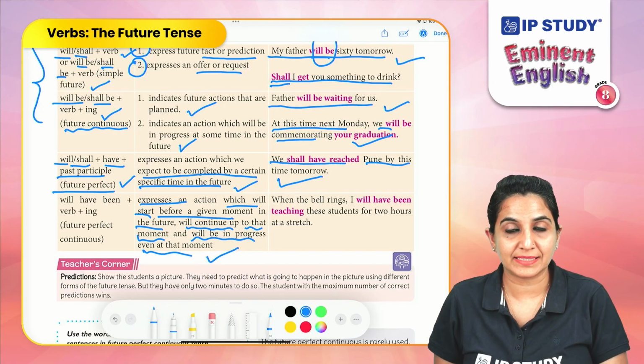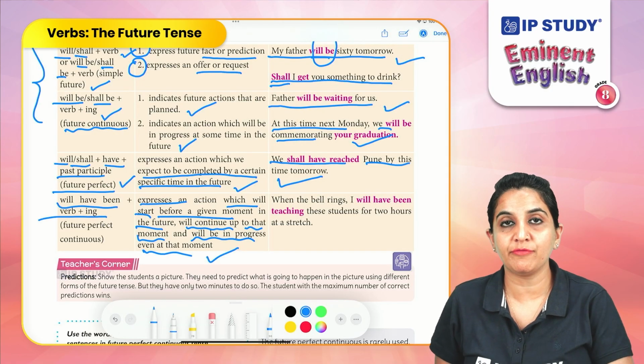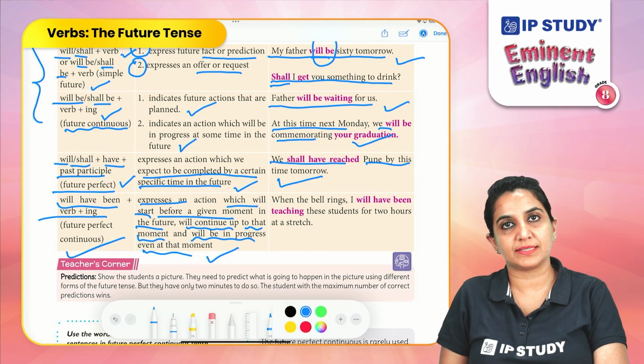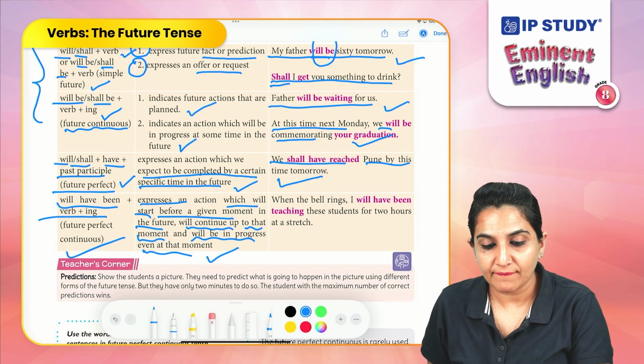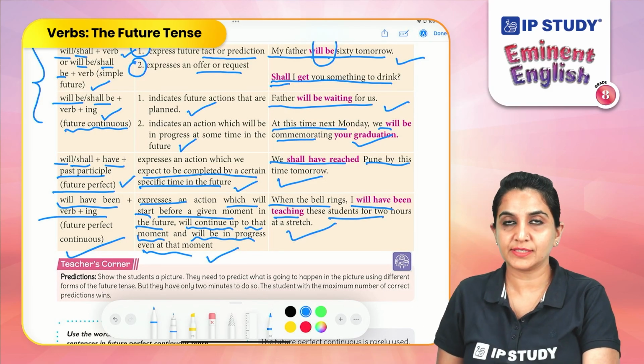For those sentences, we use will have been along with the ing form of the verb. These are known as the future perfect continuous tense. For example, when the bell rings, I will have been teaching these students for 2 hours at a stretch.